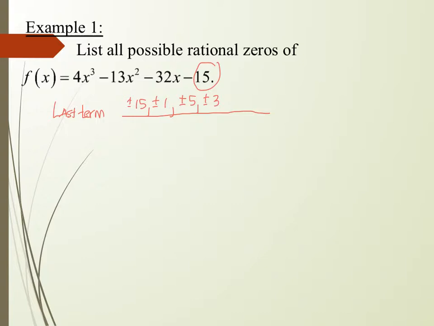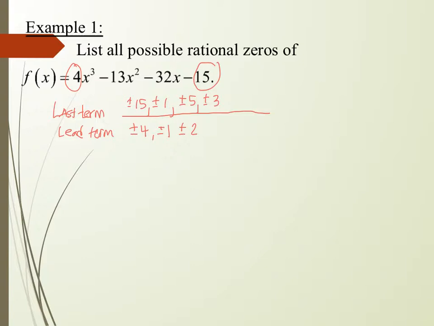For the first term, the coefficient is 4, so we have plus or minus 4, plus or minus 1, plus or minus 2, and those are our potential lead term factors.